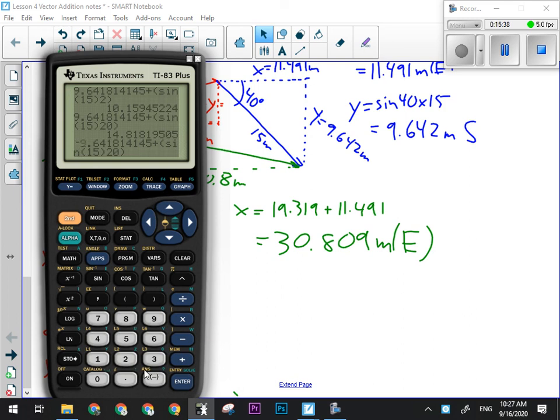That's better. So I end up 4.465 meters south after all of this. So my green y is negative 4.465.